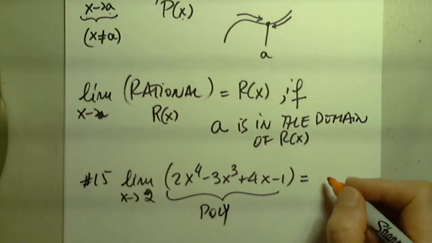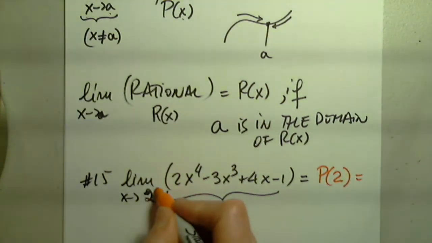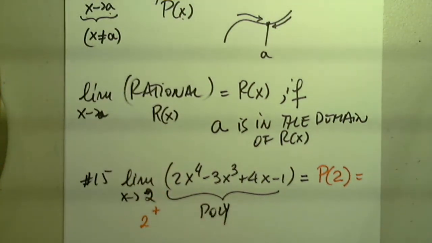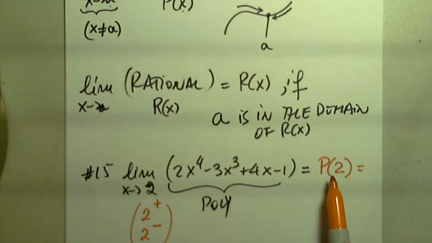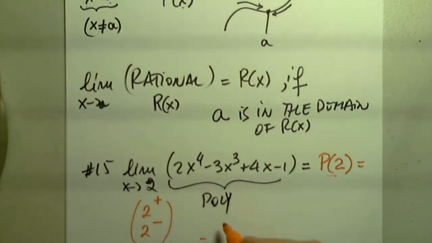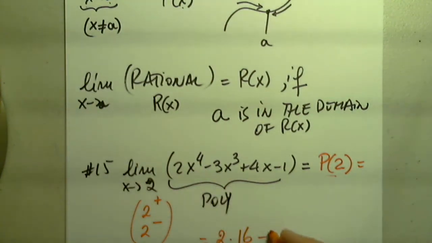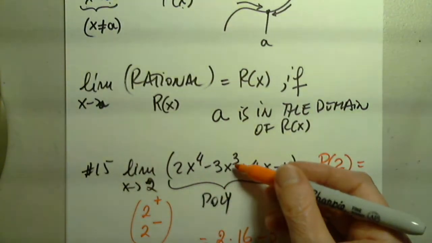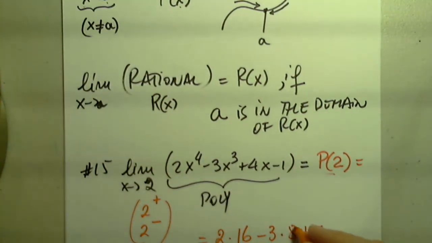So this is the polynomial evaluated at 2. Whether it were 2 from the right or 2 from the left, it doesn't matter. I would have determined the limit still as P of 2. So I have 2 times 2 to the fourth, which is 16, minus 3 times 2 to the third, which is 8, plus 4 times 2, which is 8, and minus 1.